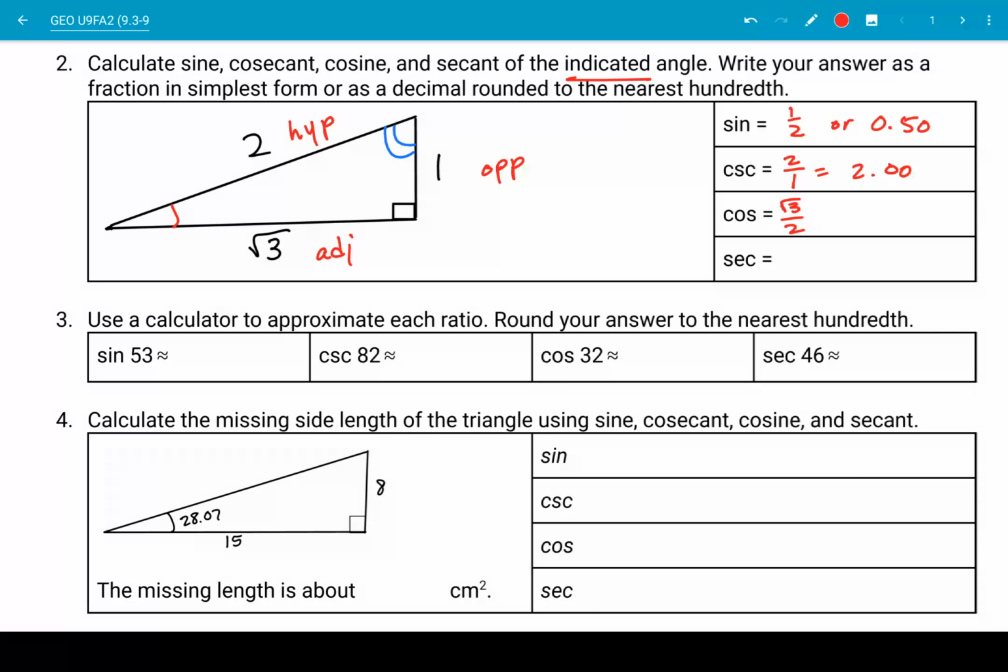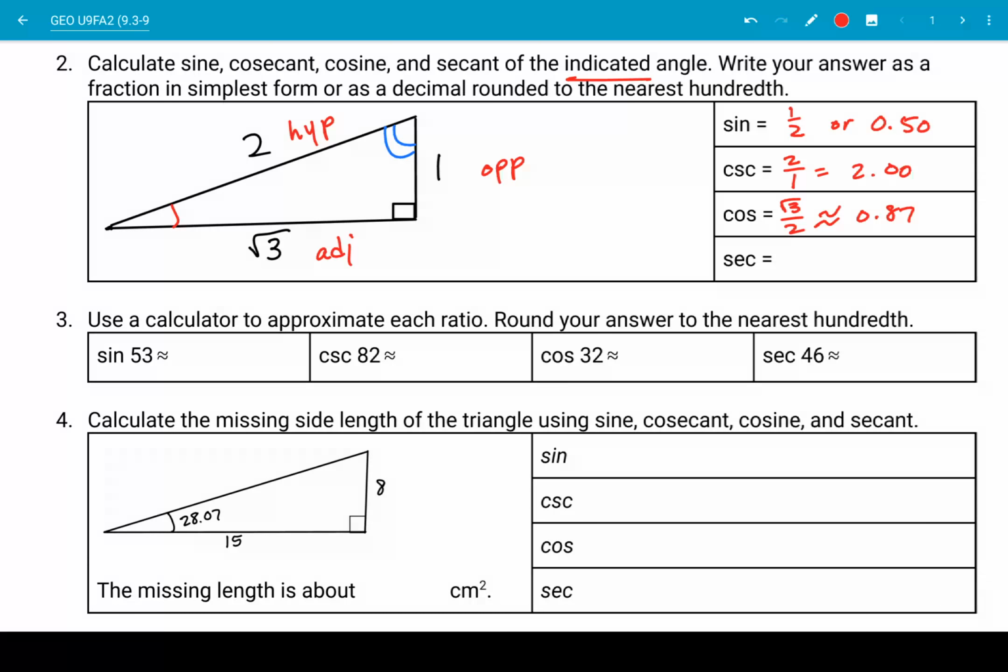Calculator. Rad 3 divided by 2 is 0.866, which rounds to 0.87.